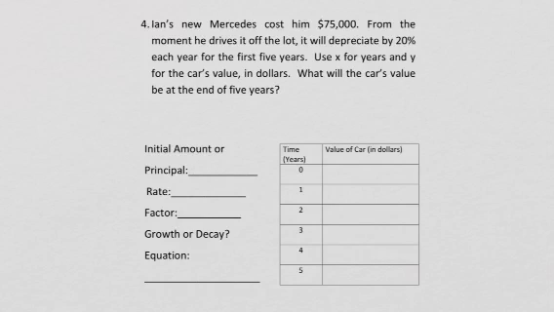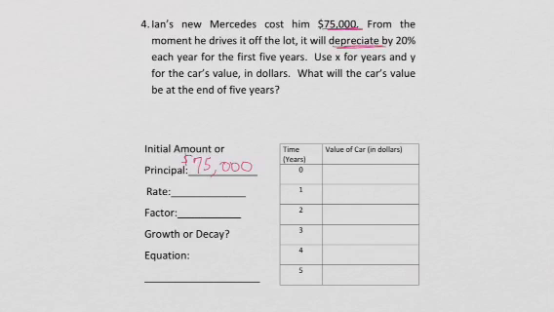On the last one, Ian's new Mercedes cost him $75,000. So that's your principal, $75,000. From the moment that he drives it off the lot, it will depreciate.